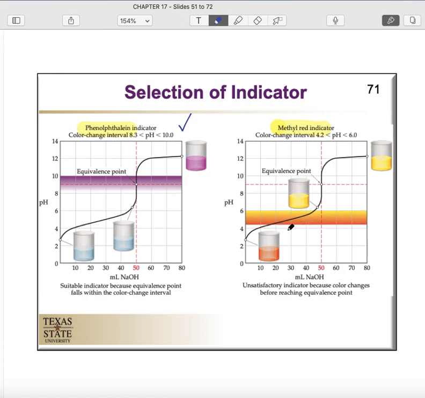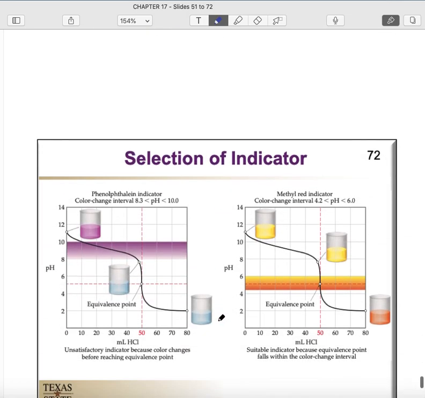On the other hand, if we utilized methyl red, my titration would be orange initially, and it would change to yellow at a very early stage. I would not know when I reach the equivalence point, because I can keep adding and the color would no longer change. So for this particular case, phenolphthalein would have been the right choice.